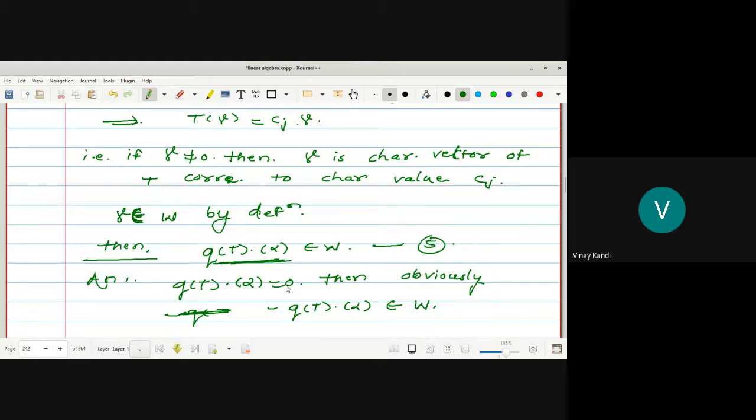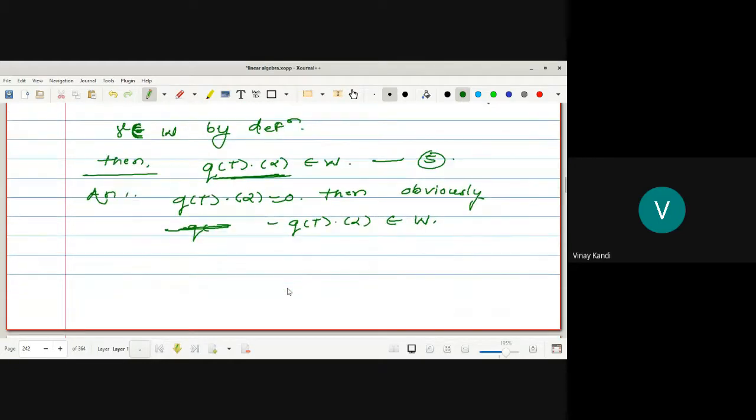So from 4 and 5, if Q of T of alpha belongs to W and W is a subspace, then it is an additive subgroup. Additive subgroup means its negative part is also in W, whether it is 0 or not. Then G minus Q of T of alpha also belongs to W.